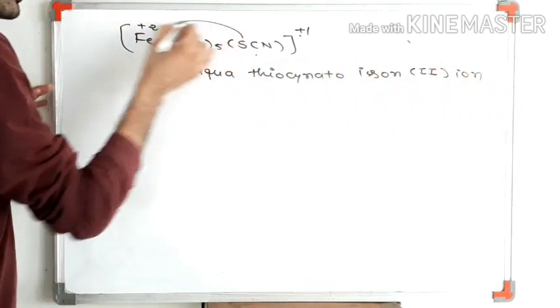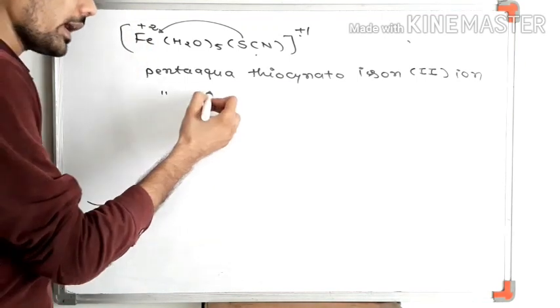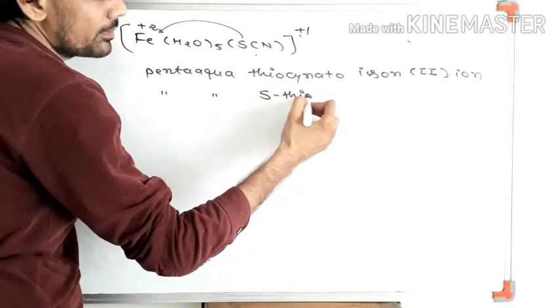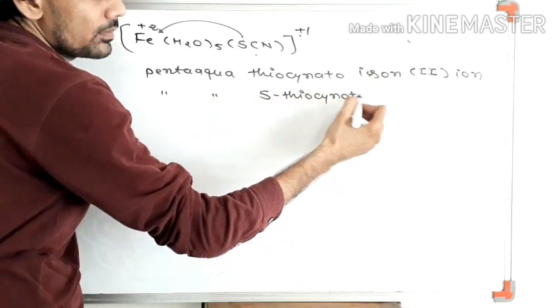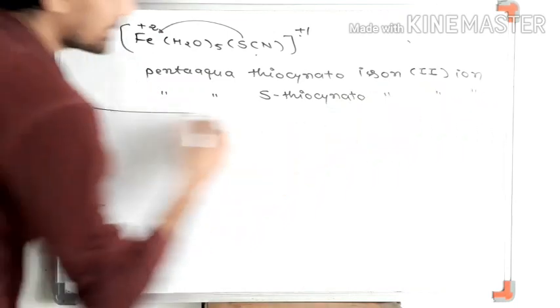Here sulfur donates its electron pair towards iron and makes the dative bond. So you can write pentaqua-S-thiocyanatoiron(III) ion.